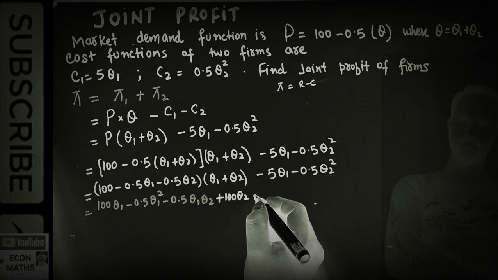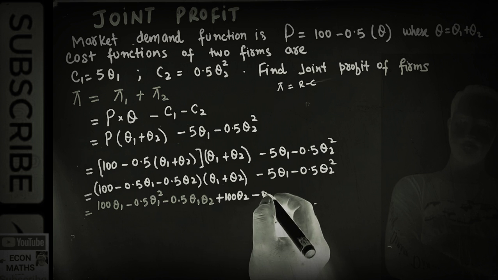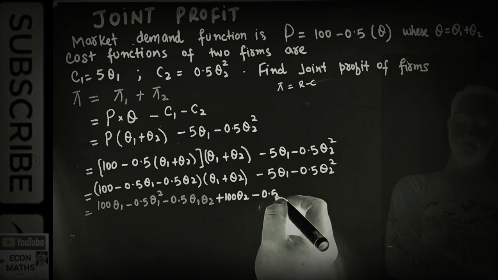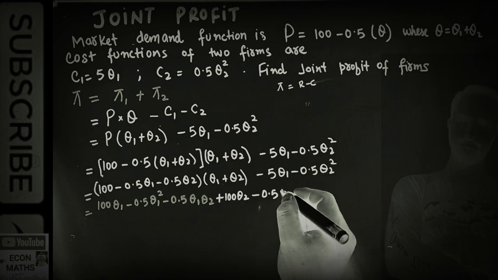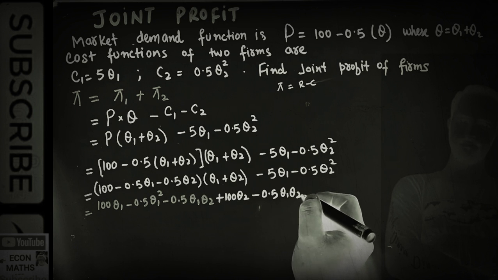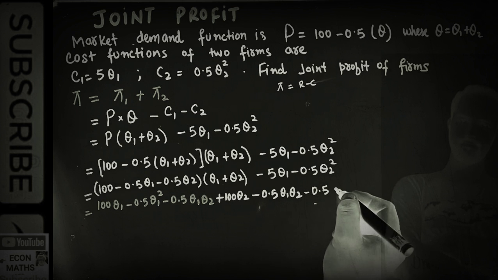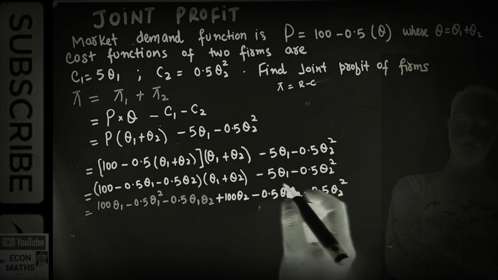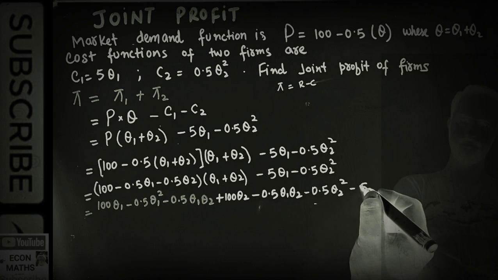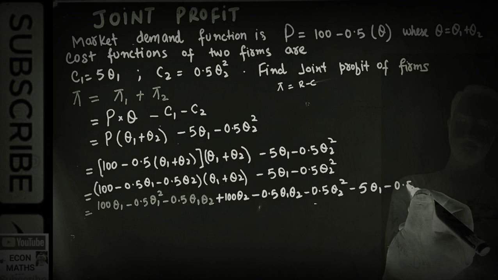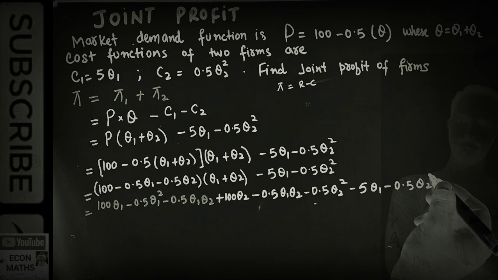Then we have minus 0.5, sorry, this is 0.5 Q1 into Q2. Then we have minus 0.5 Q2 square, and then subtract this minus 5 Q1 minus 0.5 Q2 square.